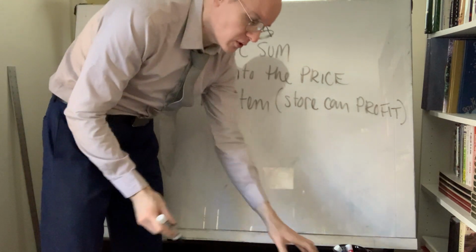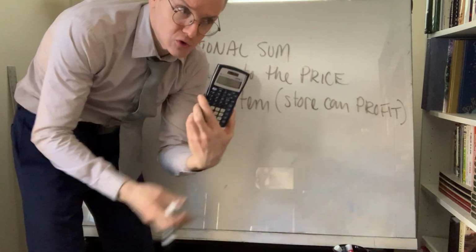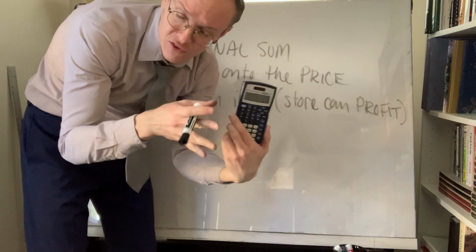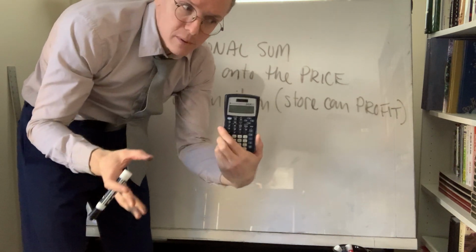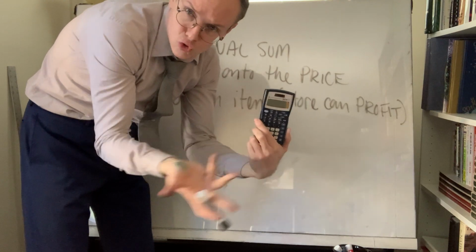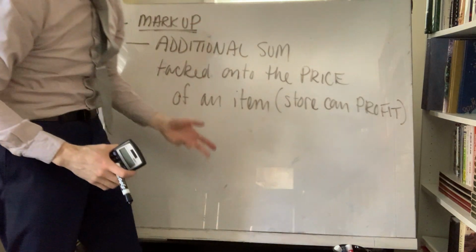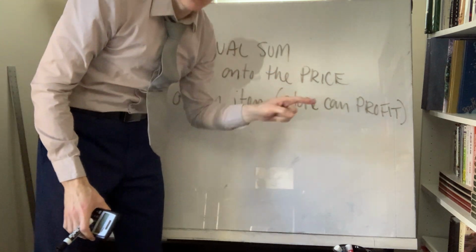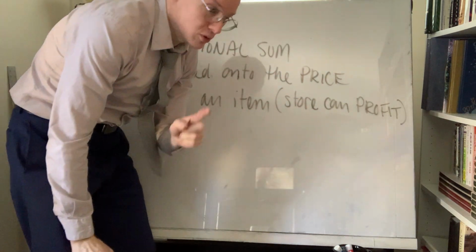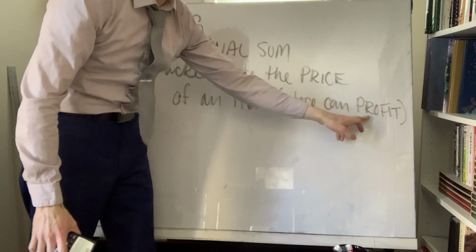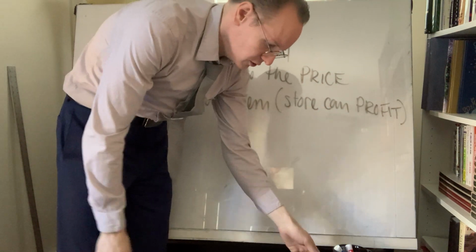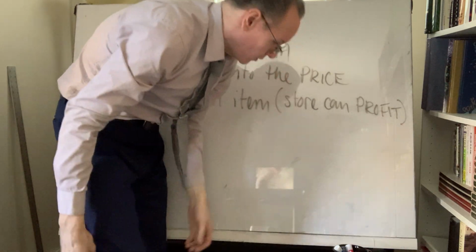They bought this from the manufacturer, or maybe from some third party, and they paid whatever the basic price is for it. But they want to make money because they're a store. So they will, to varying degree, put on an additional sum onto the price, which they pass on to you, the consumer, naturally, so that they can maximize their store profits. It's not really malicious, it's just what they do to have a store.